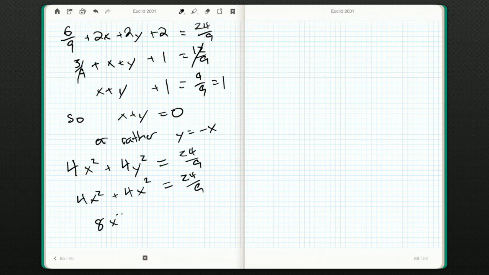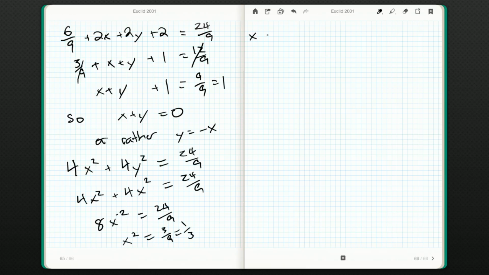So we have 8x squared is 24 over 9. X squared is going to be 3 over 9, which is 1/3. So x is plus or minus 1 over the square root of 3. And y is minus or plus the same thing.